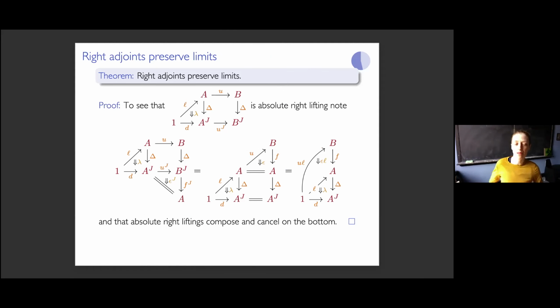And together with a bit of two naturality, which is what's converting the picture on the left to the picture in the center to the picture on the right, these are equations between two cells in a two category. It follows immediately from this composition cancellation property that if I apply a right adjoint functor U to a limit cone, I get another limit cone.